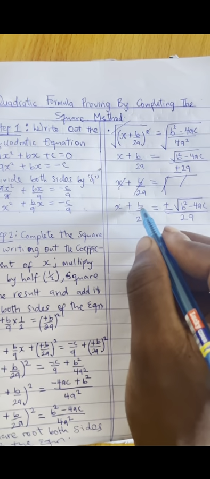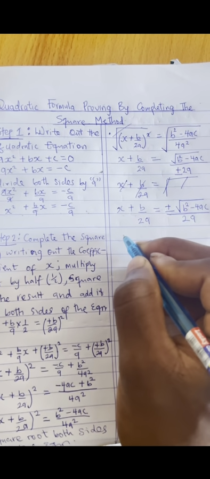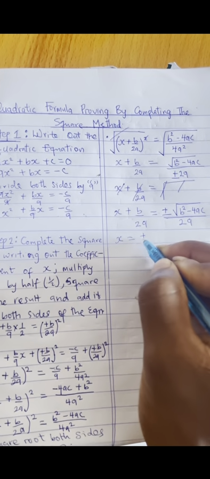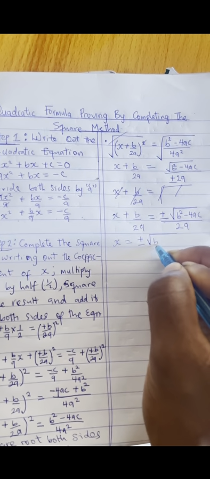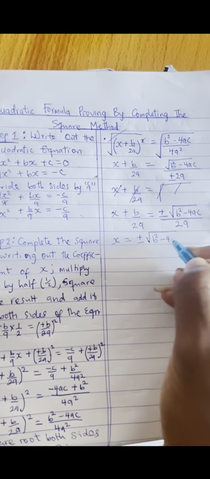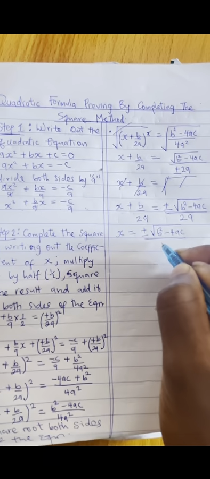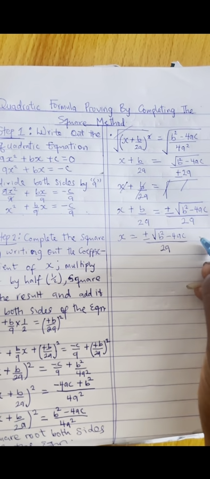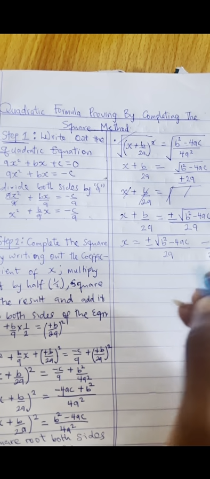I will then bring this plus b over 2a to the other side of the equation. That will be x equals plus or minus square root of b squared minus 4ac over 2a, and this plus comes to the other side to be minus b over 2a.